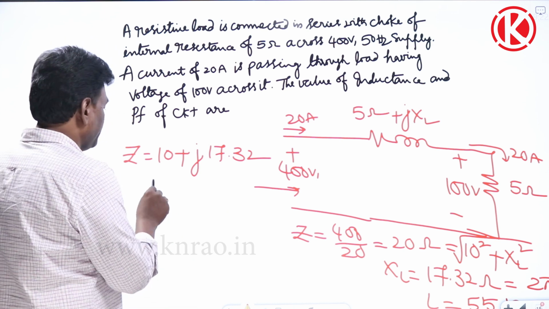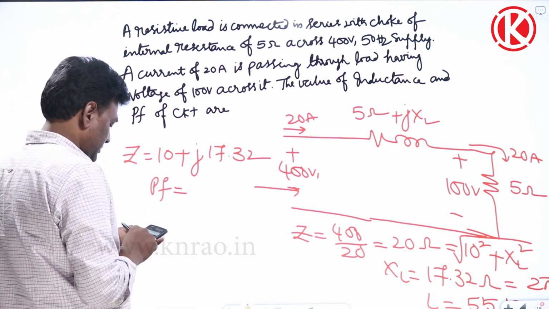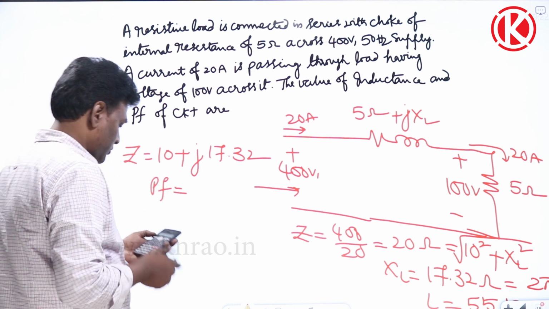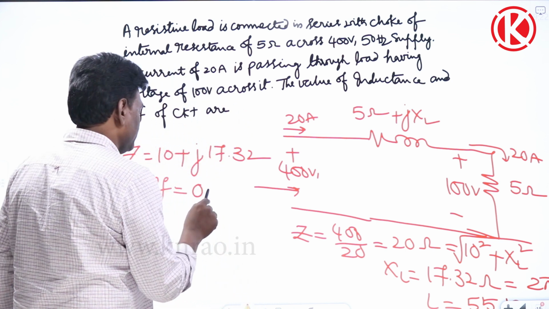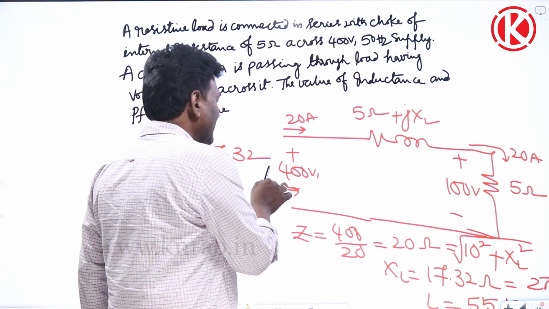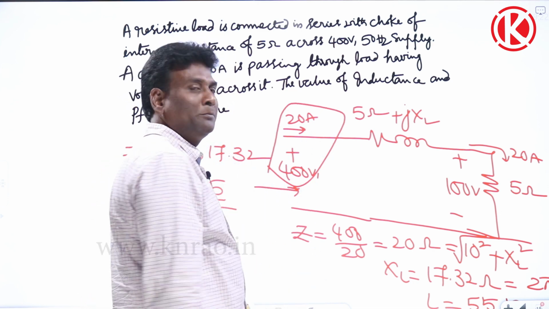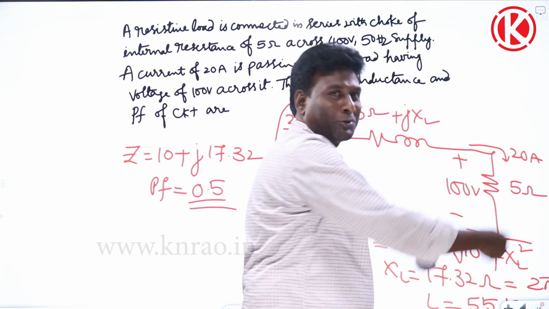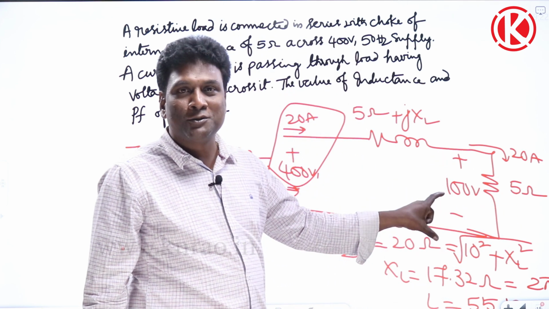The angle is 60 degrees, so the power factor is going to be 0.5. Got it. The power factor is calculated across the source, because across the load it is already unity power factor, right? Because that is a resistive load.